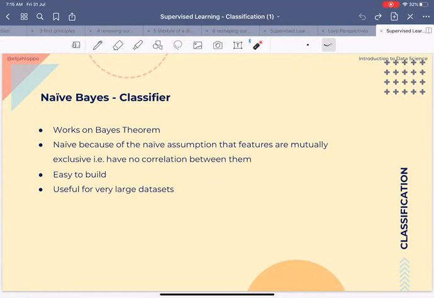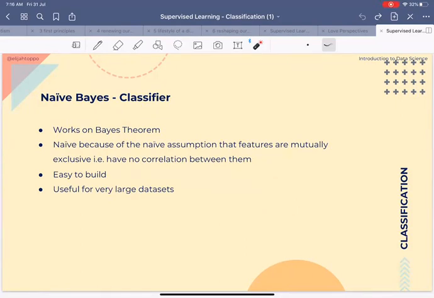The naive term comes from the naive assumption that features are mutually exclusive, that is, they have no correlation between them. We will discuss more on why it is called naive, what the use of this assumption is, and what its drawback is. The assumption is that when I have multiple features, these features are not correlated with each other.